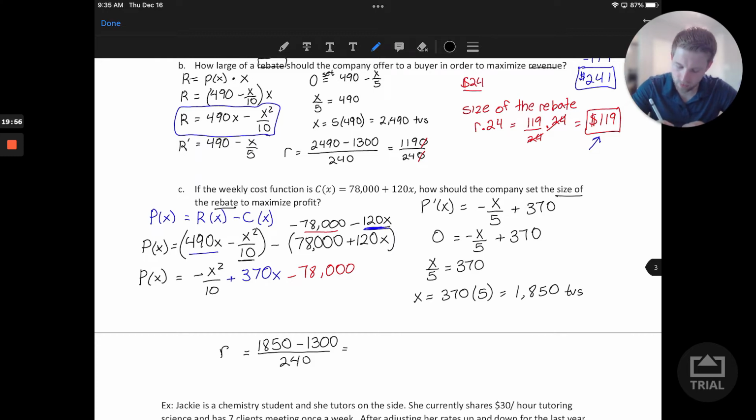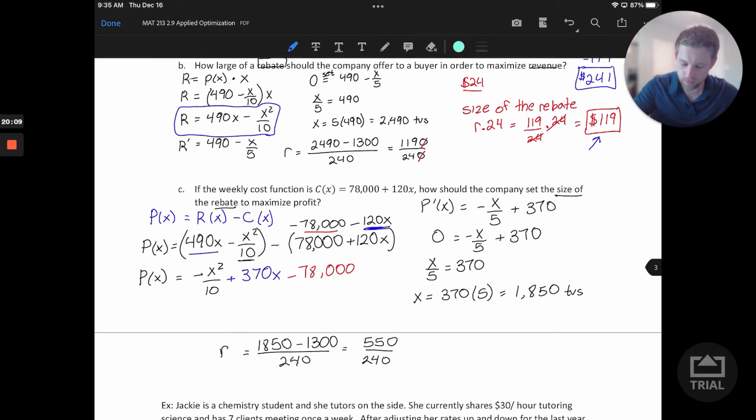So we can go ahead and try this out. We'll have 550 divided by 240. And again, we can reduce this down to 55 over 24.